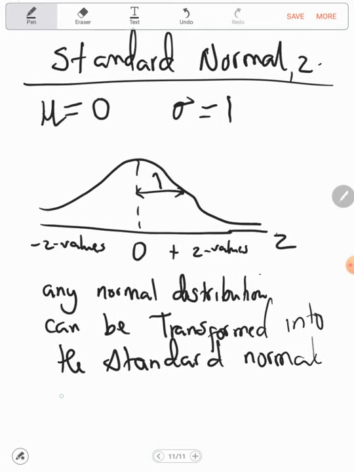For any x, z is equal to x minus mu over sigma. Your x is any normal distribution random variable, mu is the mean, and sigma is the standard deviation. Okay, so let's have an example.